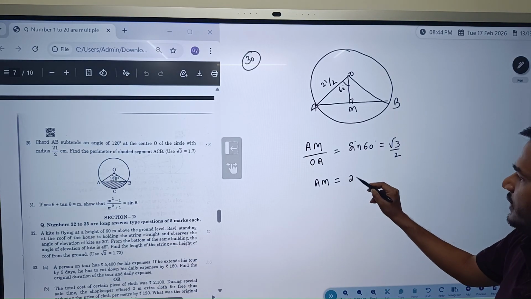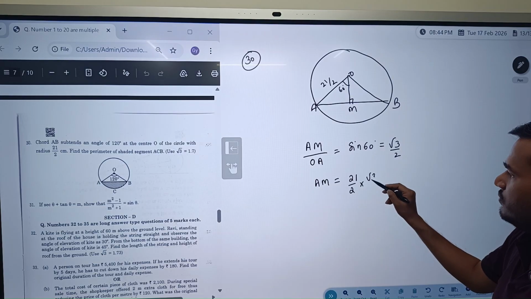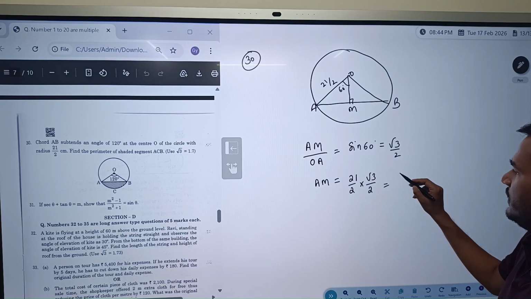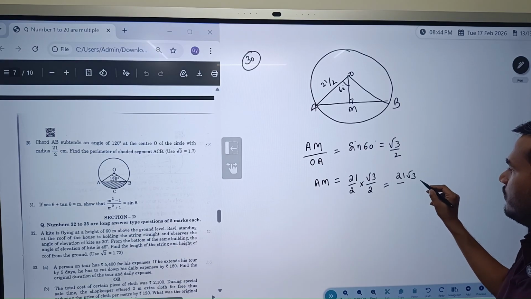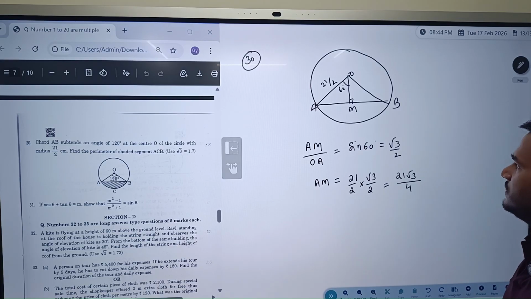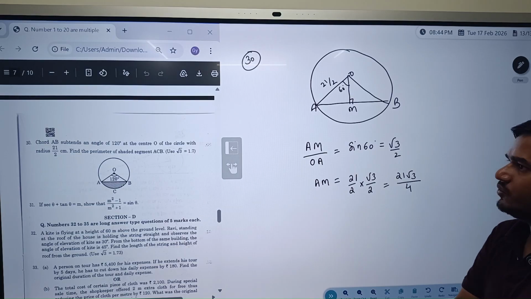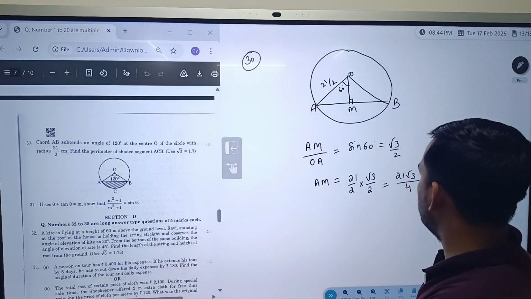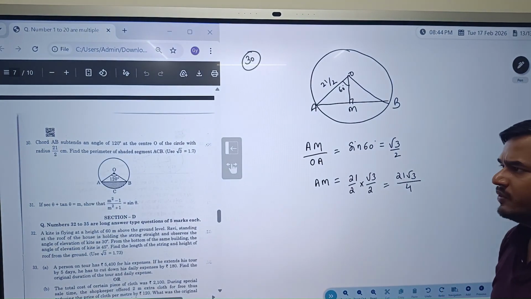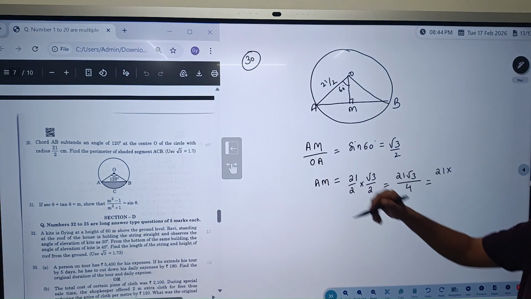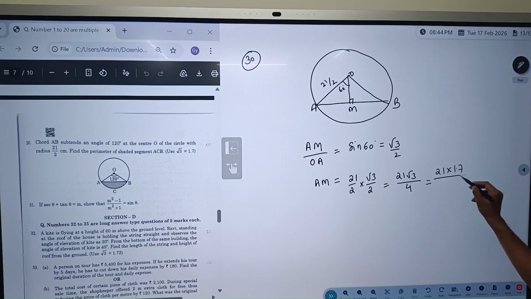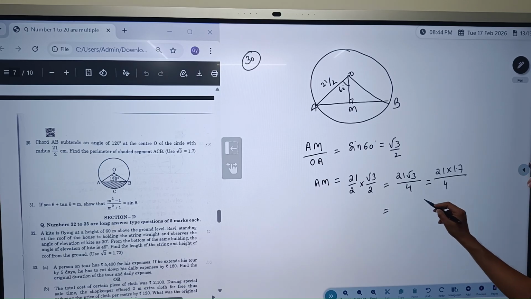That means 21/2 into root 3/2, or 21 root 3/4. Now you can substitute the value of root 3, which is 1.7. Find the multiplication.